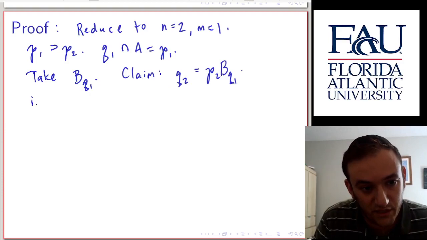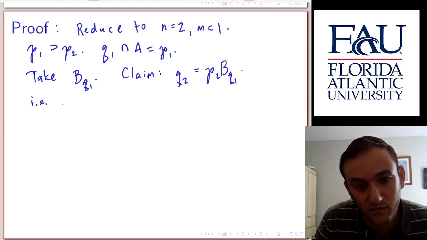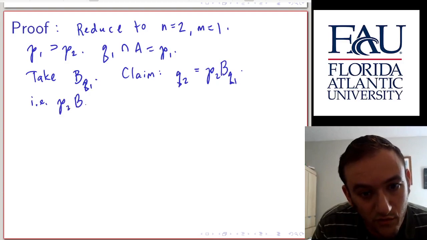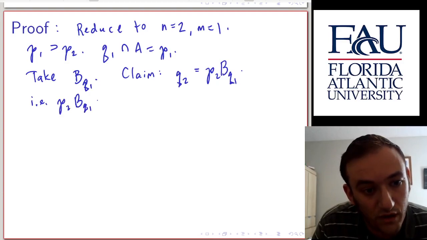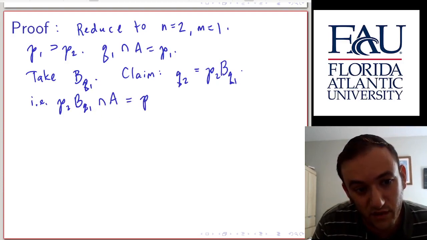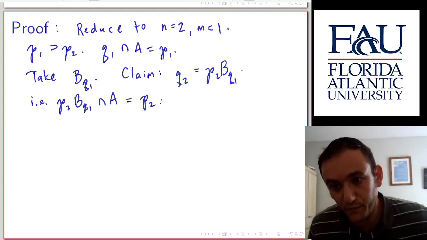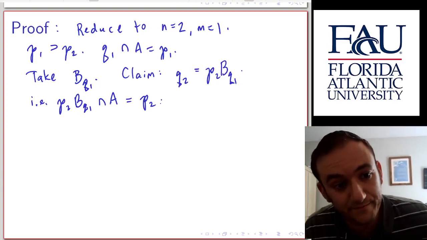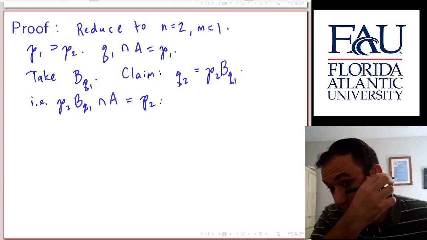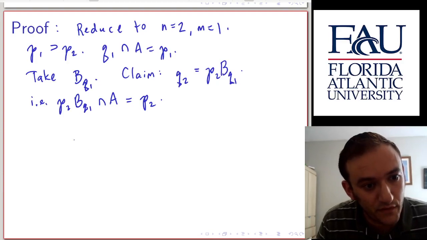In particular, we need to show that P2 BQ1, when you intersect it with the ring A, all you get back is going to be P2. Okay? So if we can prove that, then we'll have the desired prime ideal that we're looking for.